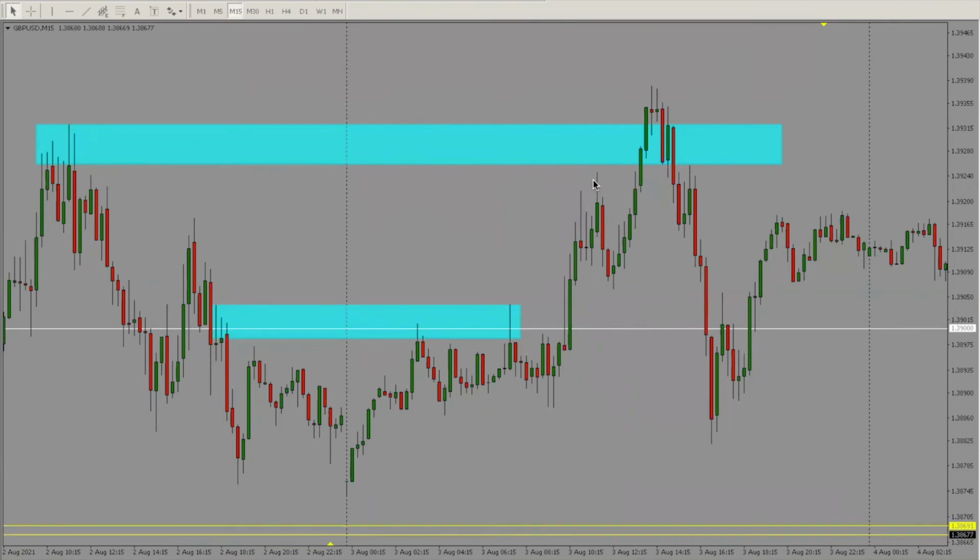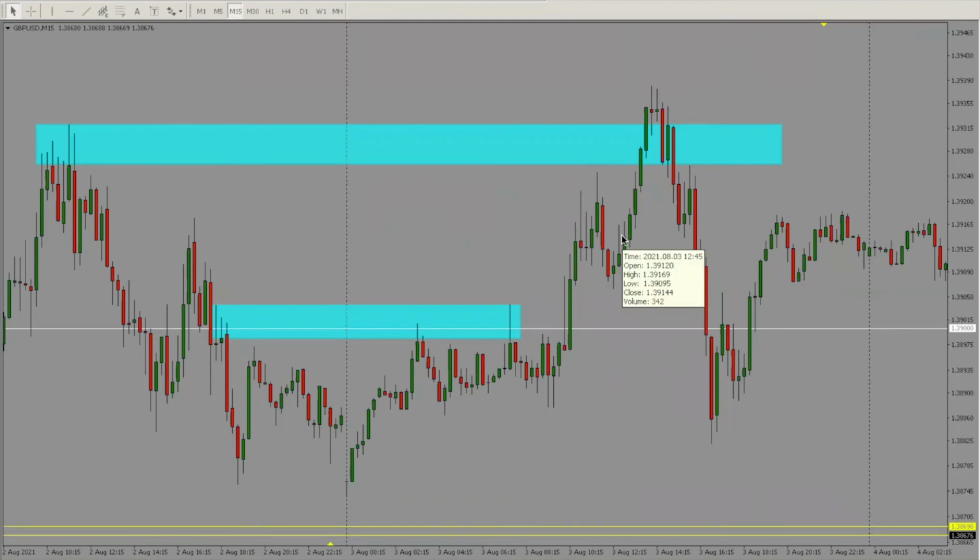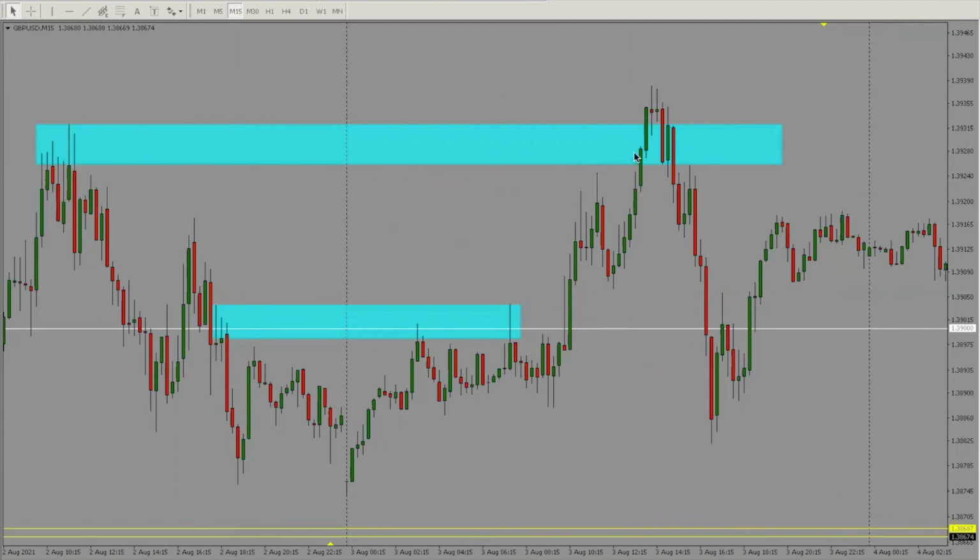right? And what was the order? It was build up here, fill it, then we look for rejection wicks, right? So we look for wicks to the same zone, this area. So this one trades through, gives some wicks, then when it trades back down, right, pushes here, this is where we can start selling.